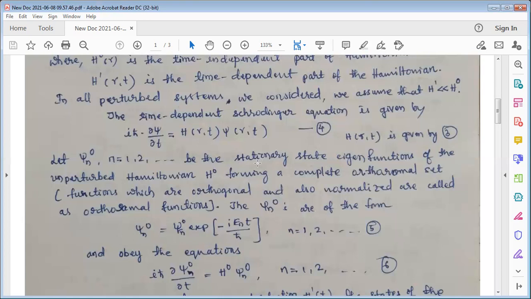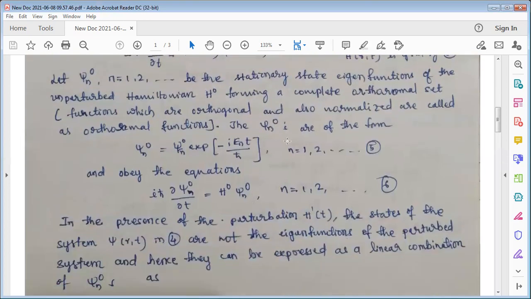So these are the stationary state eigenfunctions of the unperturbed Hamiltonian H naught, forming a complete orthonormal set. Orthonormal means the functions are orthogonal to each other and are also normalized. And these psi n of 0 are of the form psi n of 0 is equal to phi n of 0 times exponential of minus i E n t upon h cross.